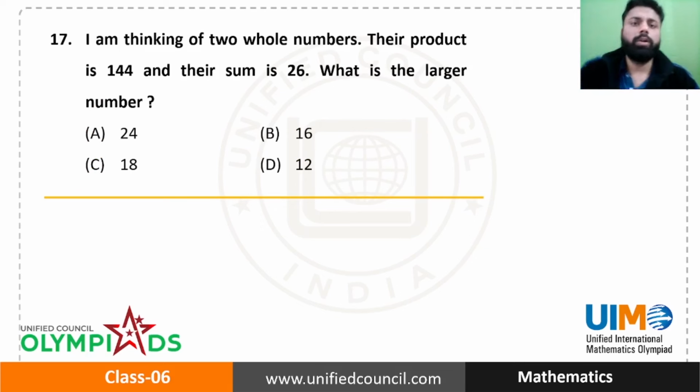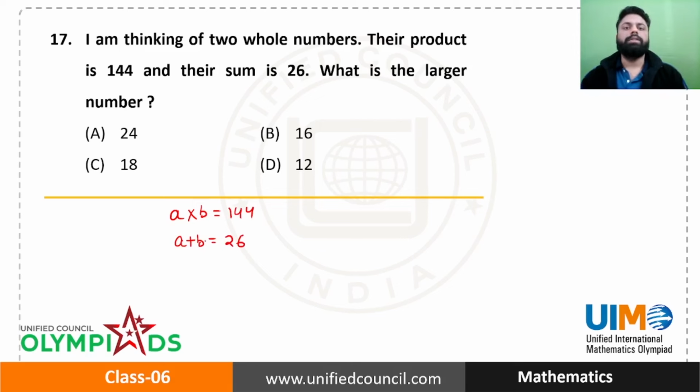I am thinking of two whole numbers. The product is 144. A multiplied by B is 144. Their sum is 26. What is the larger number?